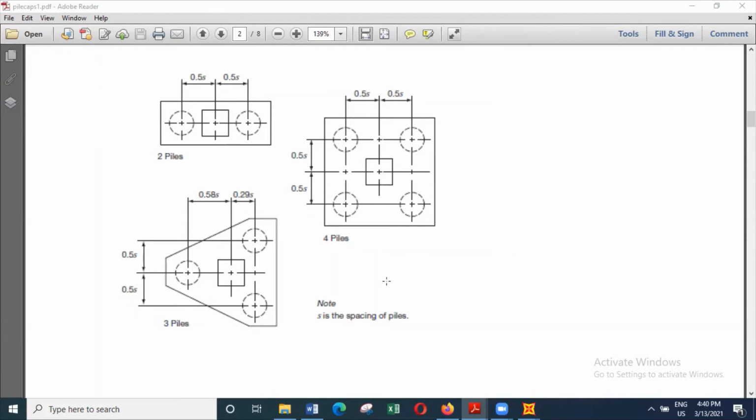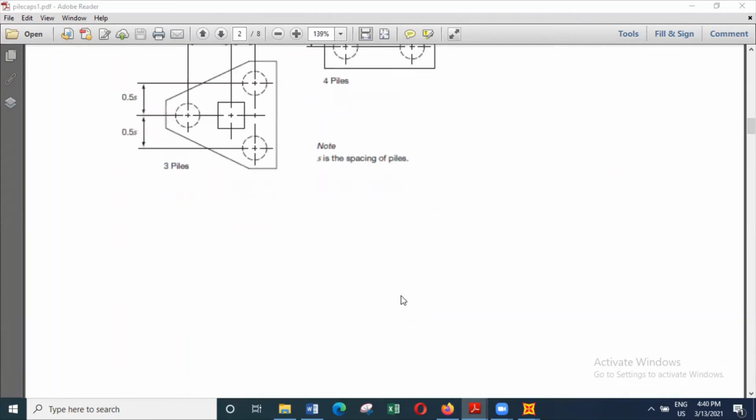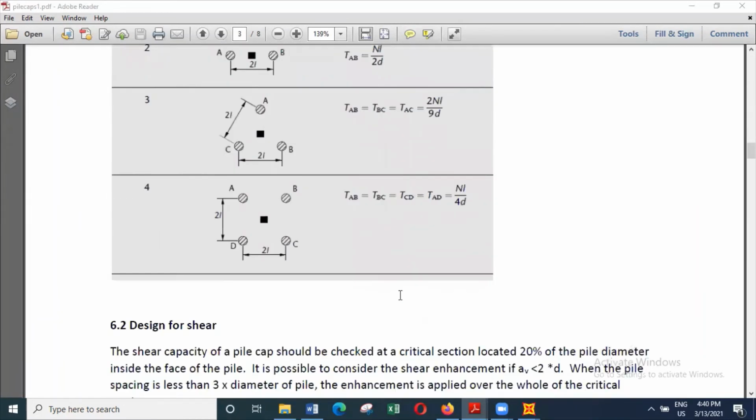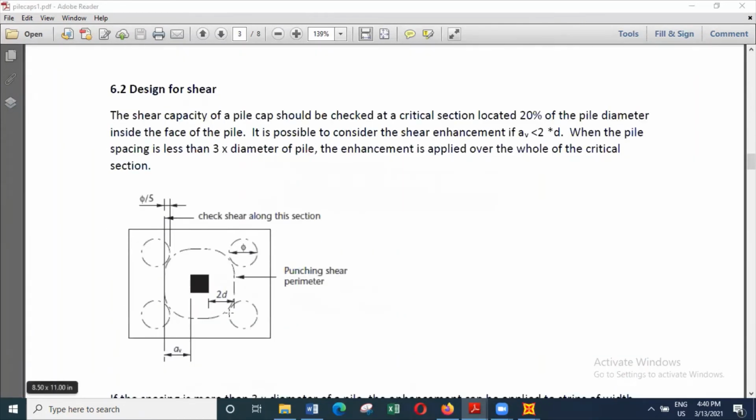Whereas if you have the piles at more than 3 times diameters, then you can see whether punching shear failure can also happen. The punching shear perimeter is given by 2 times diameters, sorry, 2 times depth, 2 times effective depth.